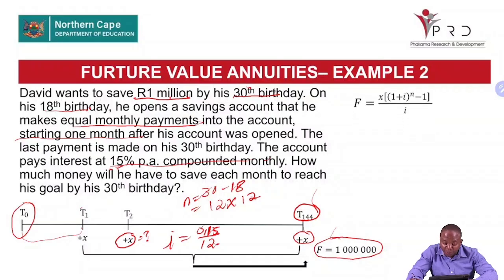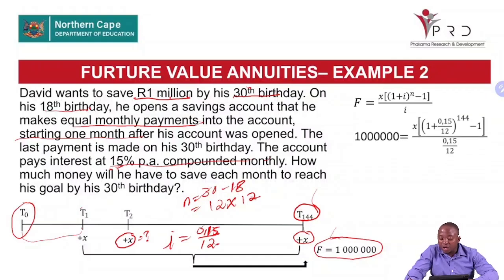Now let's proceed. We quote down the formula. So we are saving for the future, so we are quoting down the future value formula. We substitute into the formula. We are told that we have the future value because we want to save up to 1 million. So in the space of F, we place 1 million.